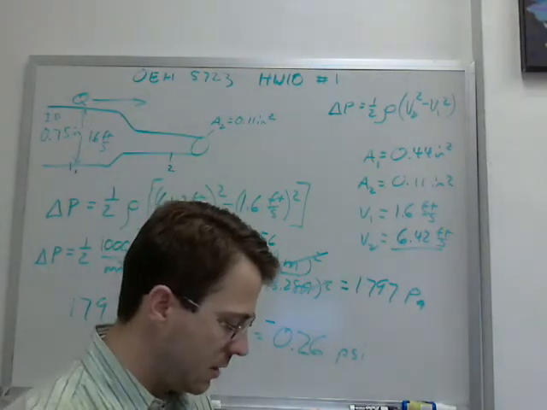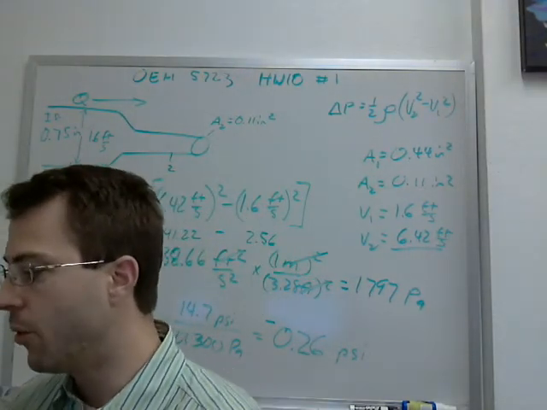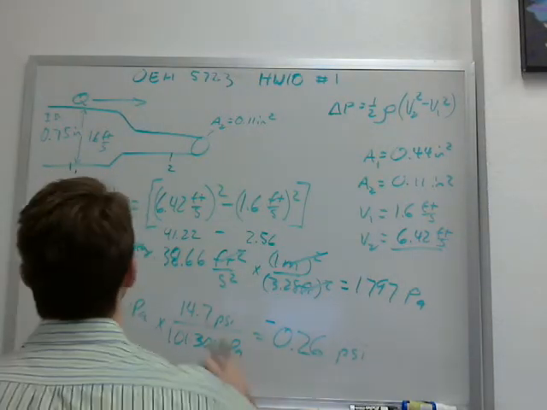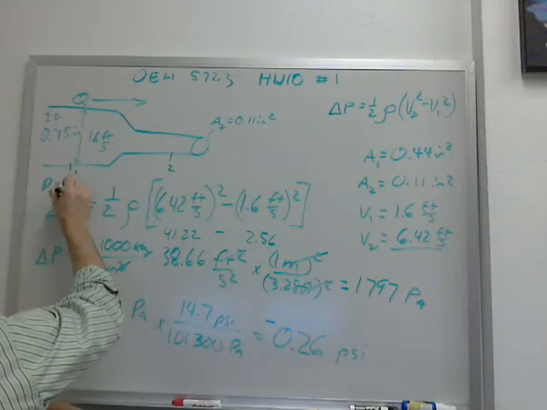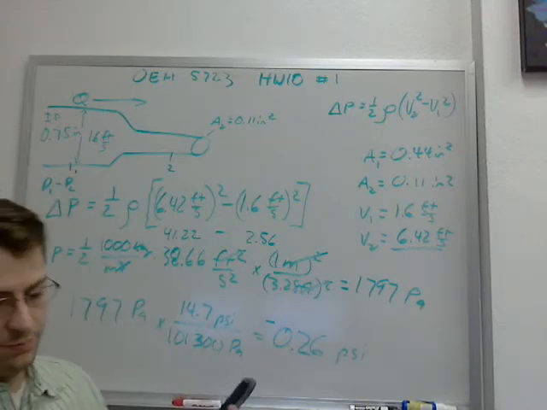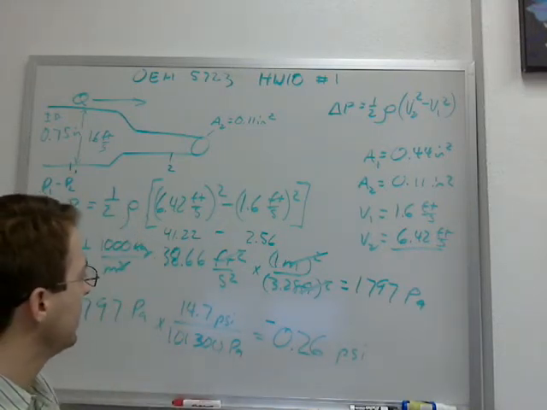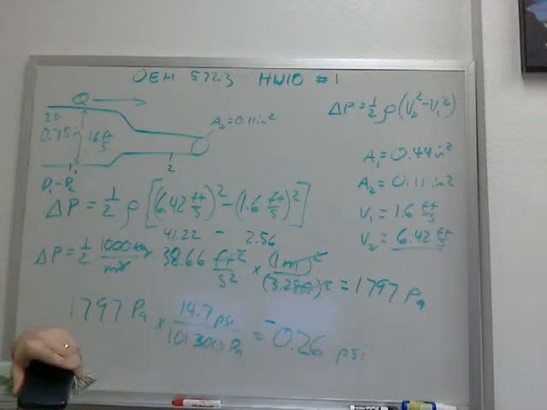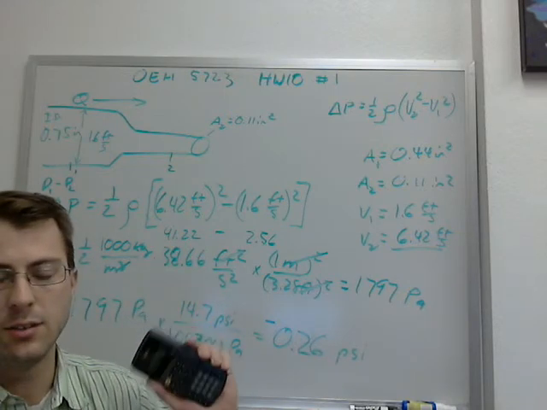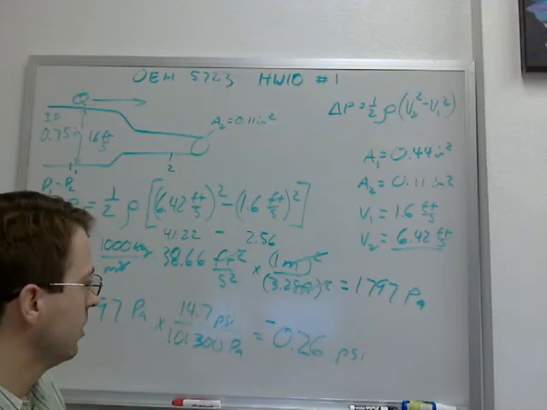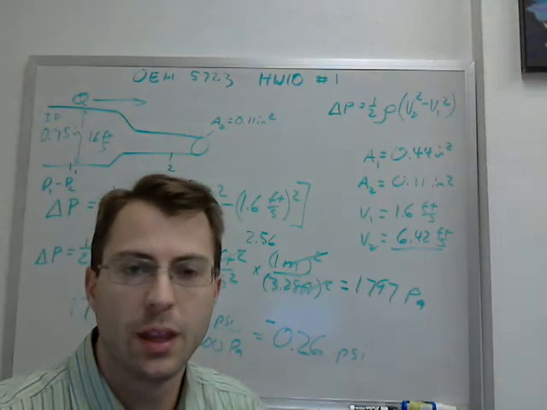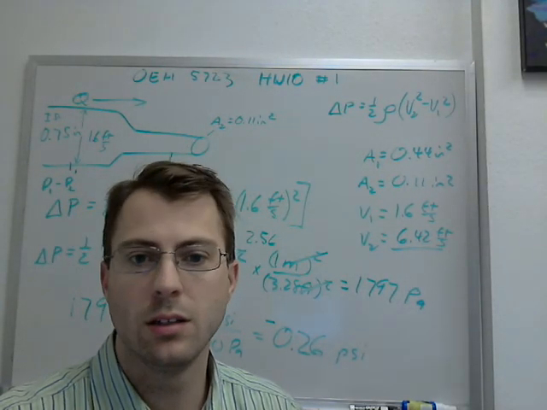The formal way for the horizontal flow is P1 minus P2, instead of delta P. And so the fact that we end up with a positive value, if you keep track of all your signs, you'll realize that the initial pressure must have dropped in order for the velocity to have increased. So that is the answer to number 1.